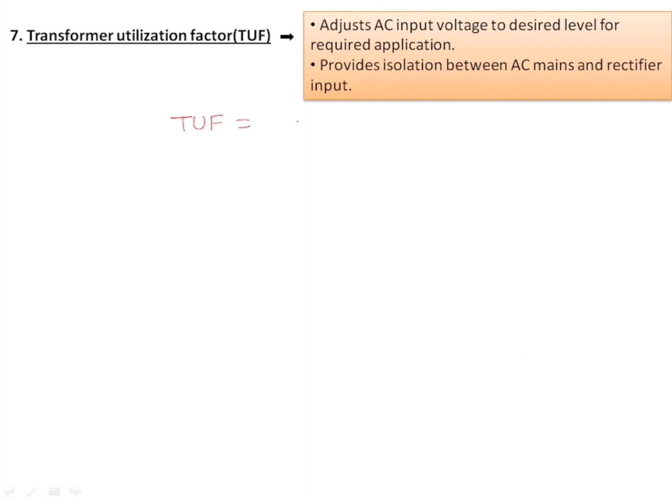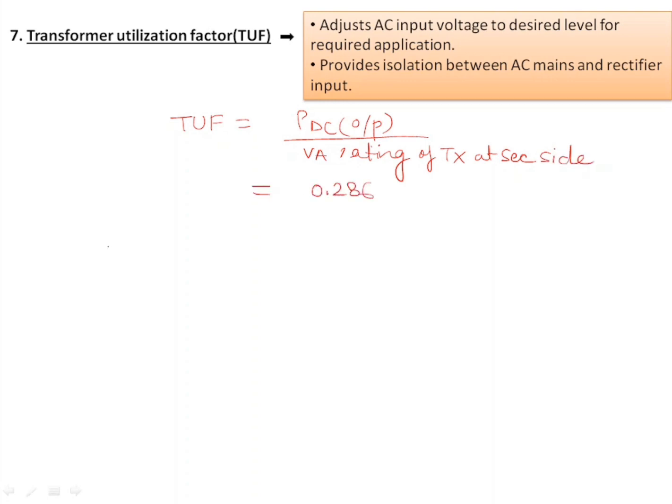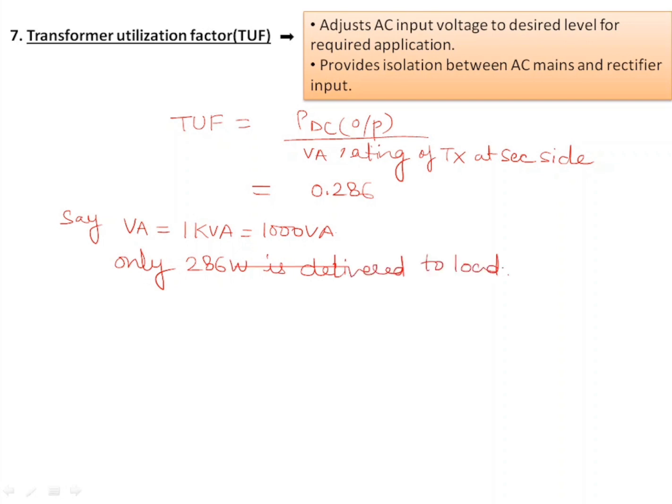TUF is given by DC output power over the VA rating of the transformer at the secondary side, and this comes out to be 0.286, which is very low. To better understand it, say the VA rating is 1 kVA, which is 1000 VA, then only 286 watts is delivered to the load, which is a very low value.